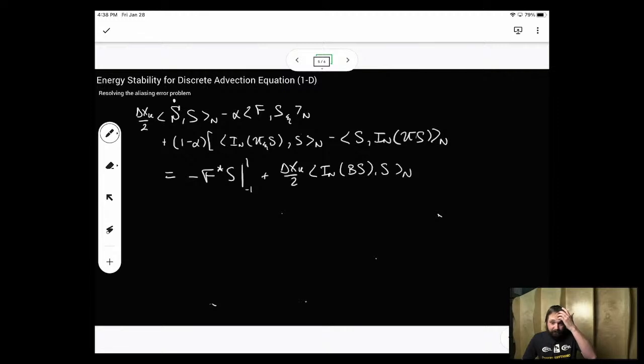So here's the part that's actually really important. What we want to have happen is some type of cancellation. Remember, in the analytical derivation, what we had was a way to cancel out the derivatives of the solution with respect to space.